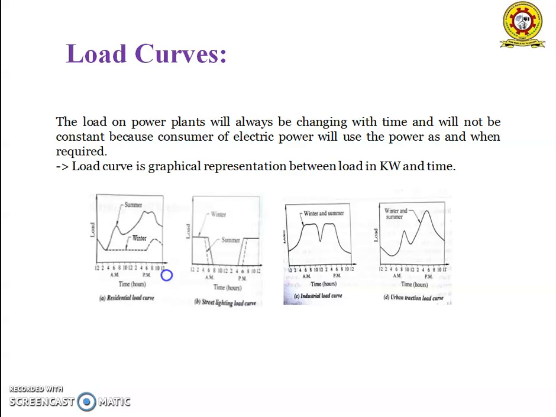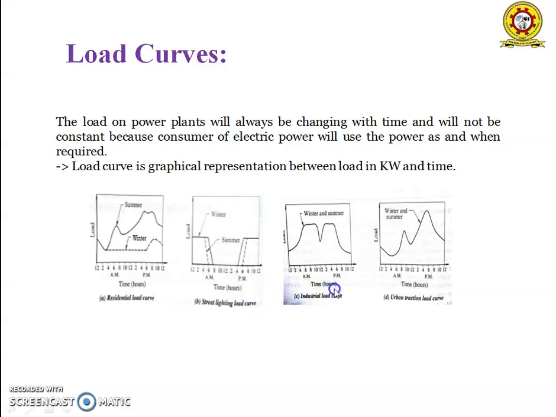The daily load curves will be different for different types of consumers and different localities. These load curves may show different patterns during summer and the rainy season. If we see this diagram, this is the residential load and street lighting, and if we plot a graph between the load and time, with load on the y-axis and time on the x-axis, in summer the power consumption increases, whereas in winter it remains constant for street lighting.